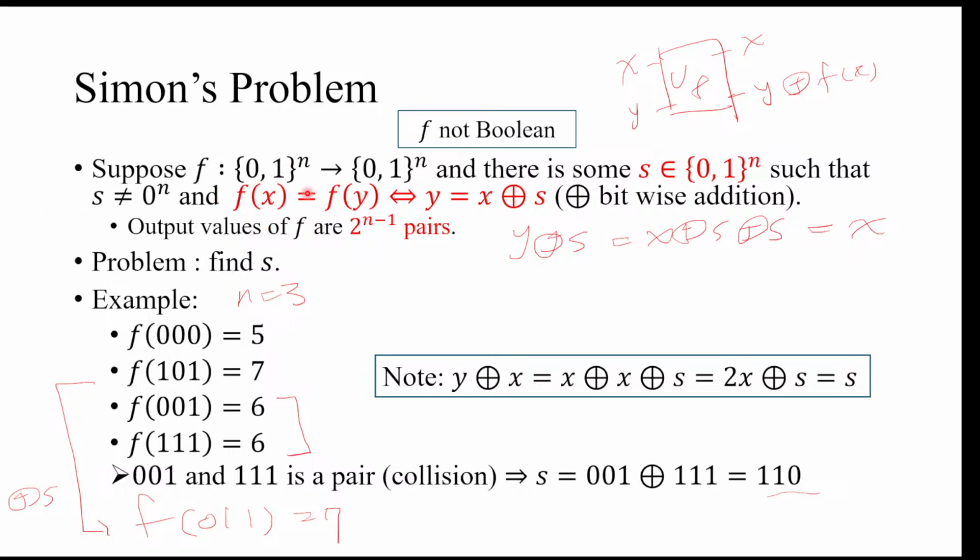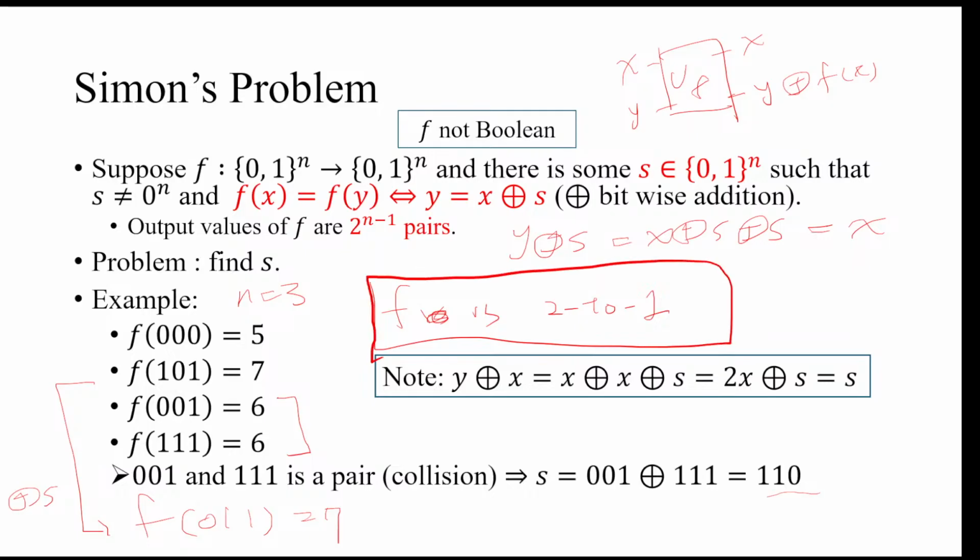So f is actually a 2-to-1 function, and the inputs of f are paired together in this weird way: they are paired if and only if y equals x ⊕ this secret string.